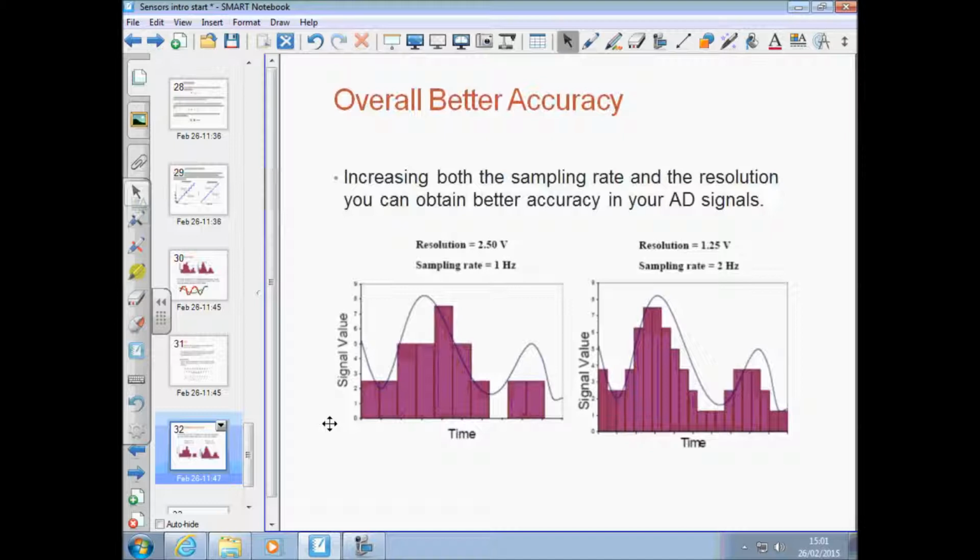I don't know what the sampling rate is; I'd have to check that out. But if they are 12-bit, 4,096 steps, you divide a 10-volt signal between that, and your steps are about 2.5 millivolts.